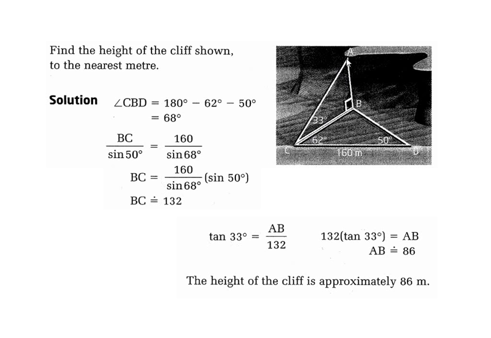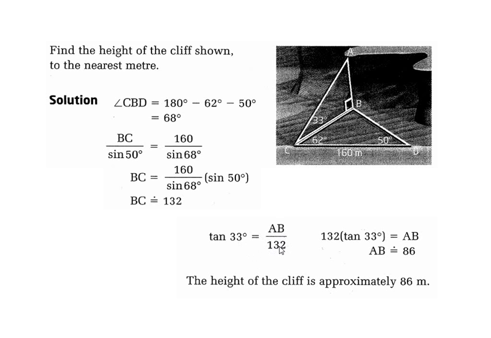So AB, this end point and this end point, so the length between the two end points is AB. Okay, so AB over this length, which is 132. So tan 33 is equal to AB over 132.